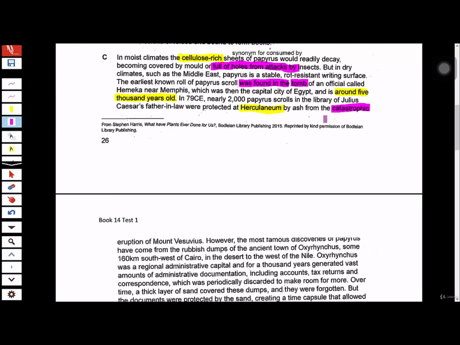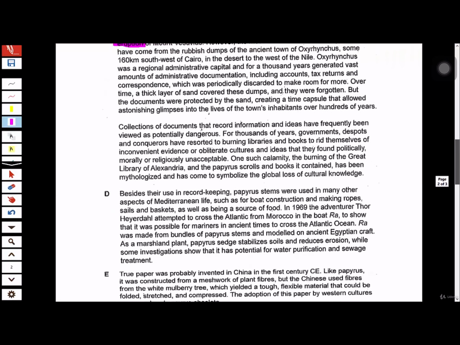Catastrophic is a synonym for the word huge, or paraphrasing, something catastrophic is huge. Anything that's catastrophic is automatically also thought of as being huge, generally speaking. And then our answer, of course, would be eruption. Huge eruption, catastrophic eruption. So eruption is our answer choice.